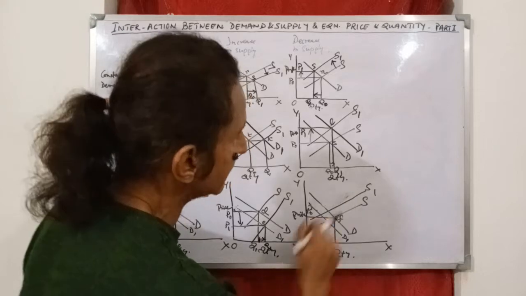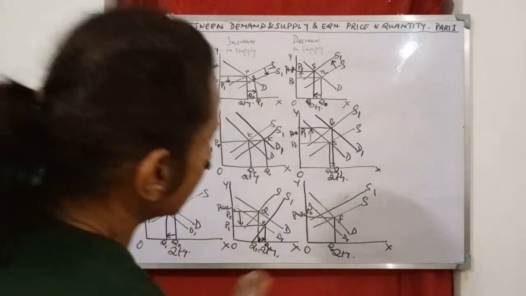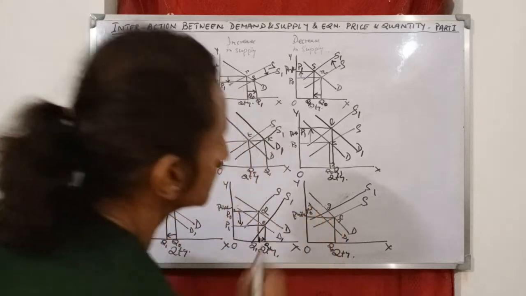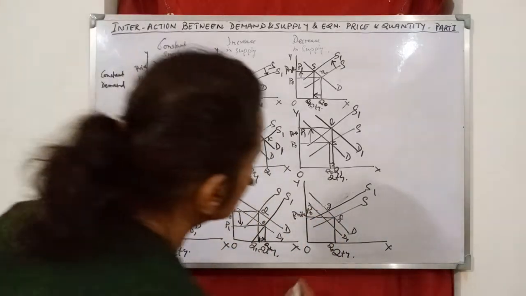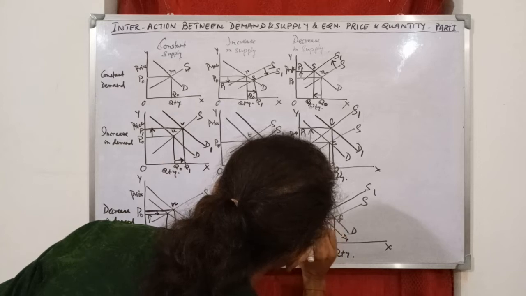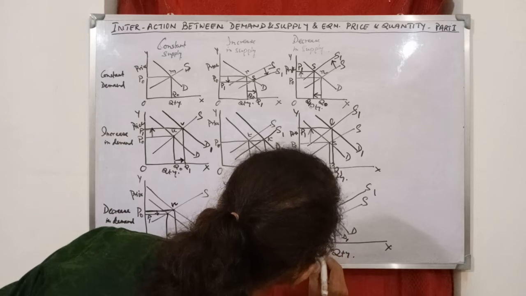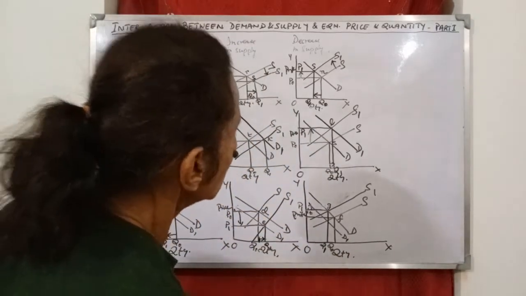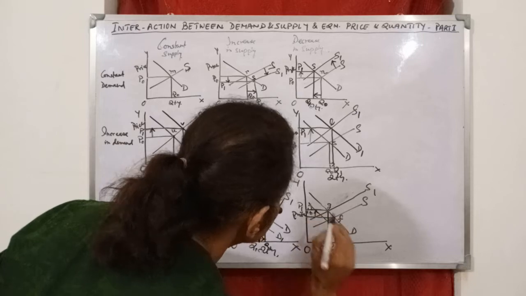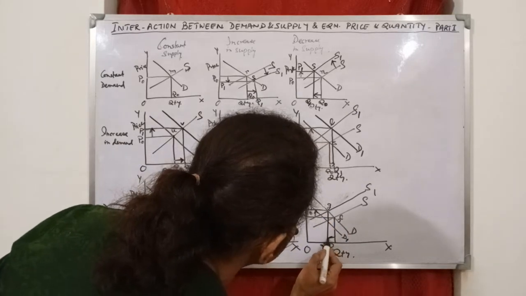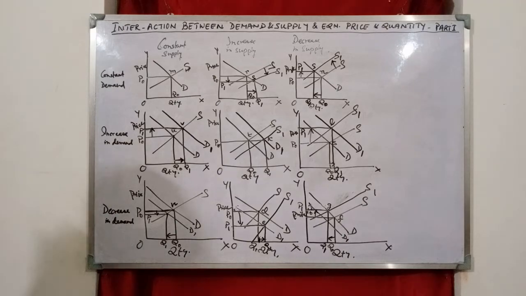So D1 and S1 intersect at this point, let it be point G. So the new equilibrium price will be this one, say P sub 1, and the new equilibrium quantity will be Q sub 1. So equilibrium price is increasing and equilibrium quantity is falling. Correct?